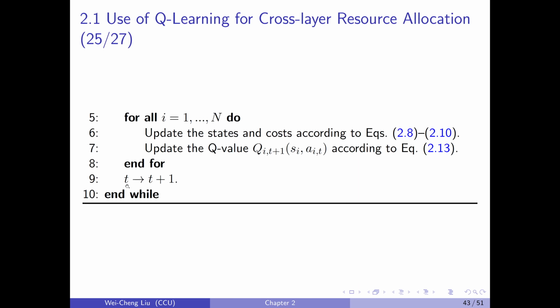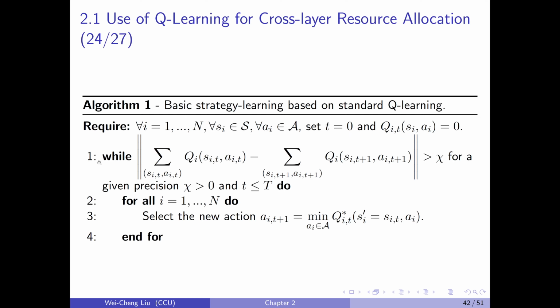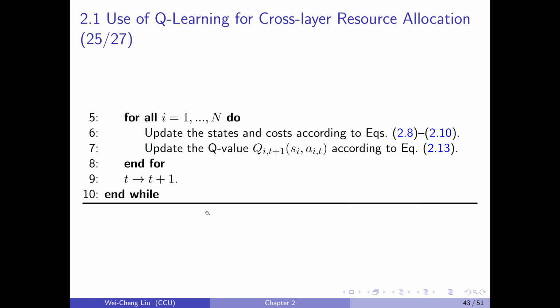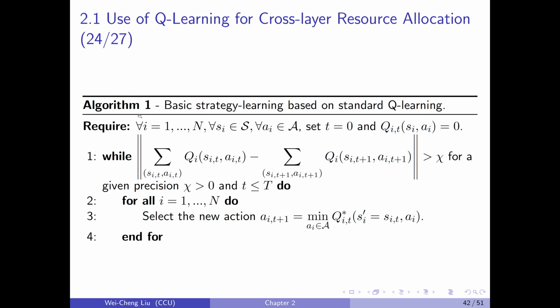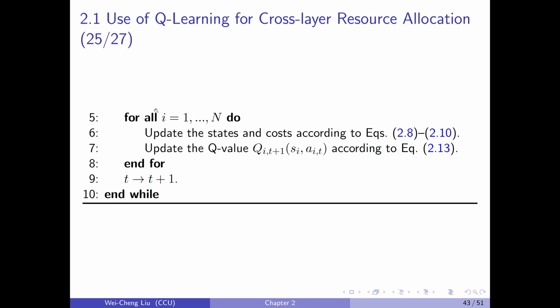Oh, sorry, we must say t is assigned a new value t plus 1. And line 10 ends the while loop, from line 1 to line 10. This is all about algorithm 1.